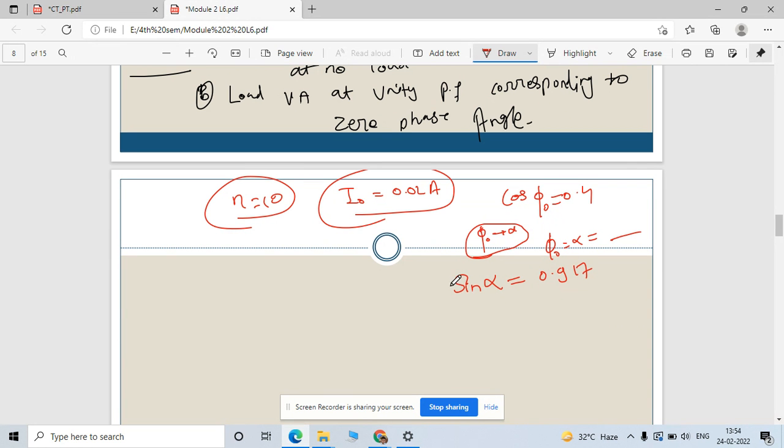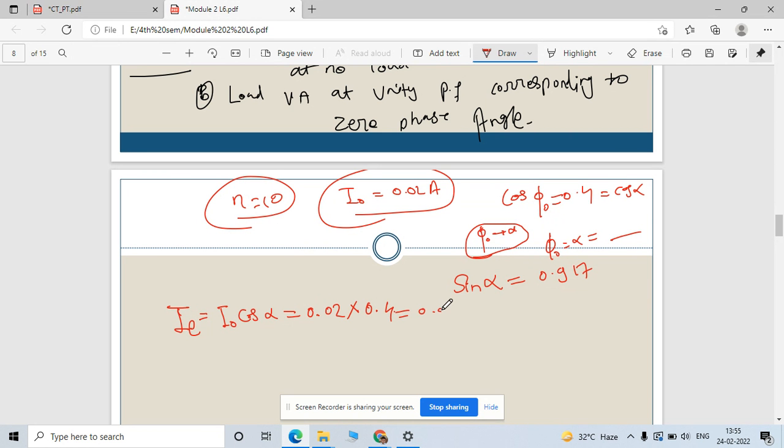Now, what is the wattful component IE, or you can say core loss component, which is nothing but your I naught cos of alpha, or phi naught. You can also use that phi naught notation here. Simple, put the value and find out what you will get here. 0.02 multiplied by cos of alpha, which is 0.4.